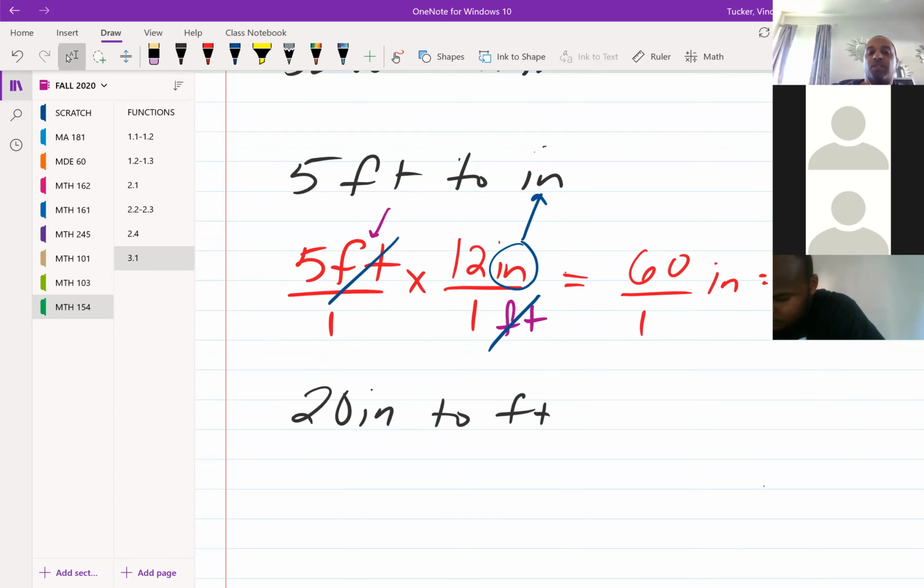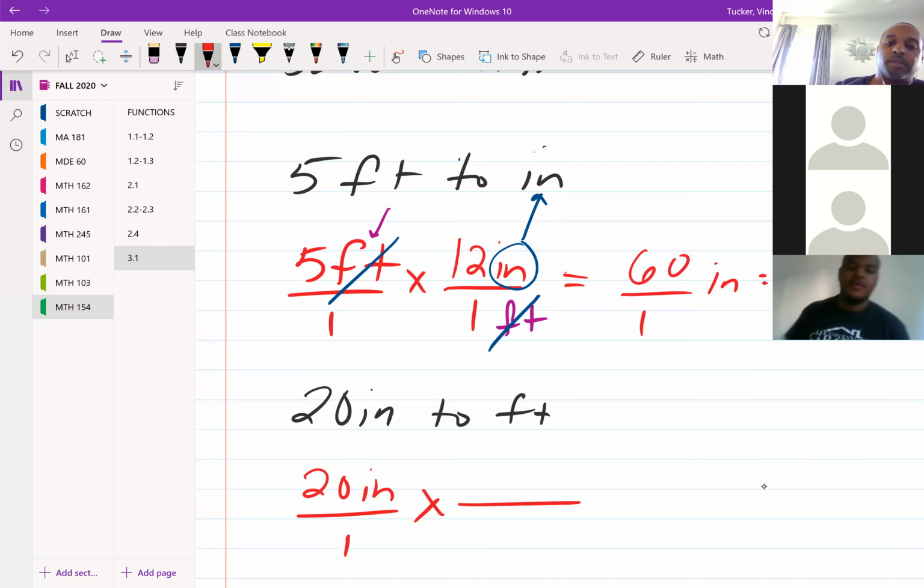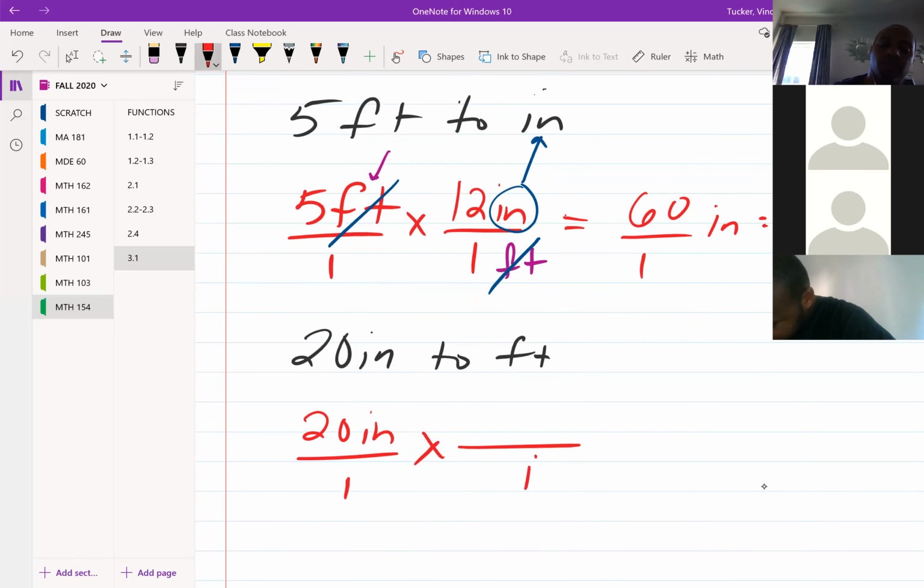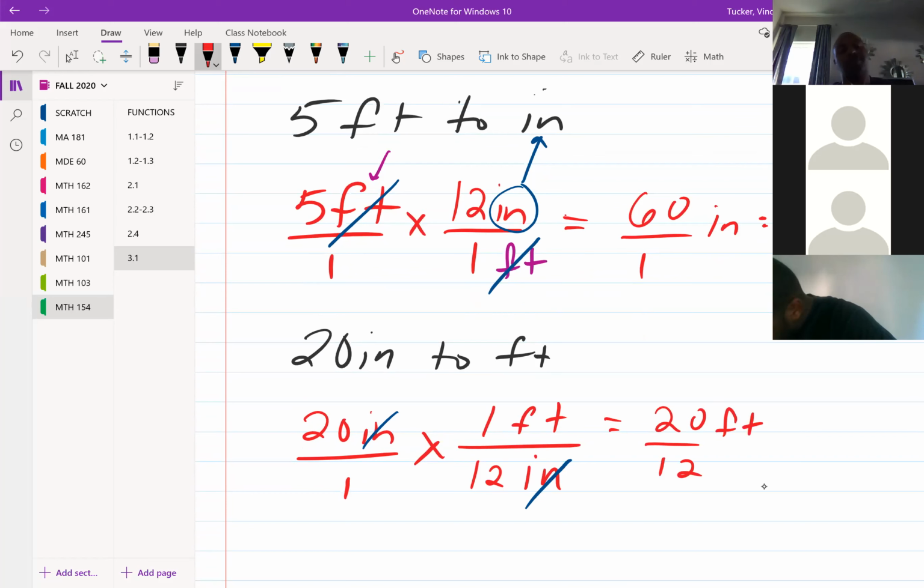All right, so let's go from inches to feet just to make sure we're okay with that thought process. First thing we do is set up our 20 inches over 1 foot. We're going to multiply that. We'll use the same conversion factor because that's the one that deals with inches and feet. But this time, inches will be on the bottom. I want my inches to cancel. Now, when I multiply across, I have 20 over 12 feet.